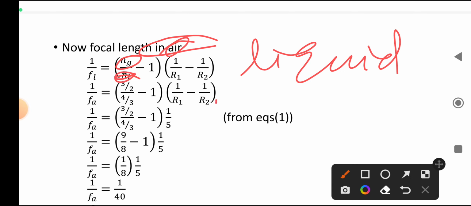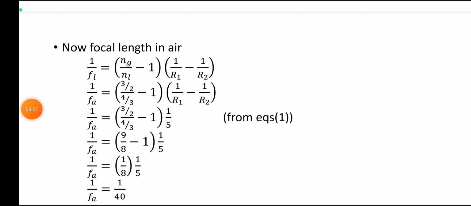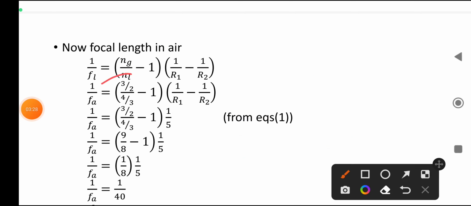Let there be a vessel containing water, and inside it we keep a lens, and let the light come from the air medium. So first it enters the water and later the glass. So the water medium is the first medium and the glass medium is the second medium. Mu 2 by mu 1, and substitute the values given above.